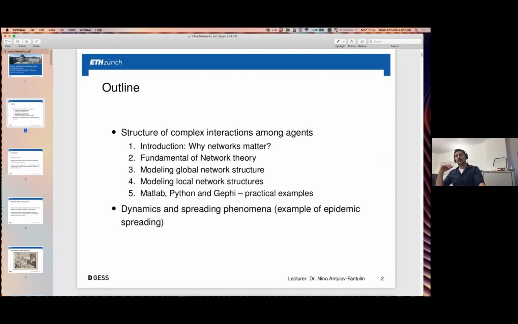I will talk about some of the tools that you can be using to analyze networks, in particular different libraries, and also the tool called Gephi. And at the end, because we have had quite some interest from certain projects, we will also give you just a glimpse of dynamics and spreading phenomena, where the focus will be on epidemic spreading.